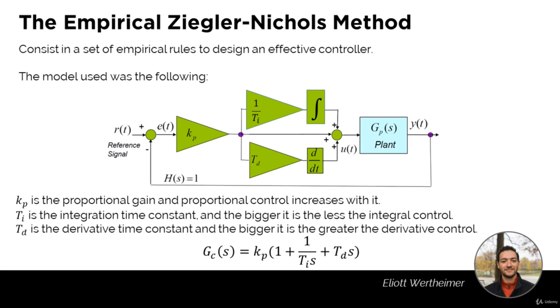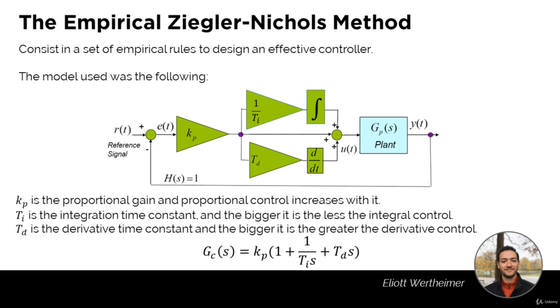This was then passed through Kp and then separated into three branches. First, 1 over Ti followed by an integrator, one branch with nothing in it, a pure proportional control branch where just Kp was acting, and then a derivative branch with the gain Td followed by a differentiator.